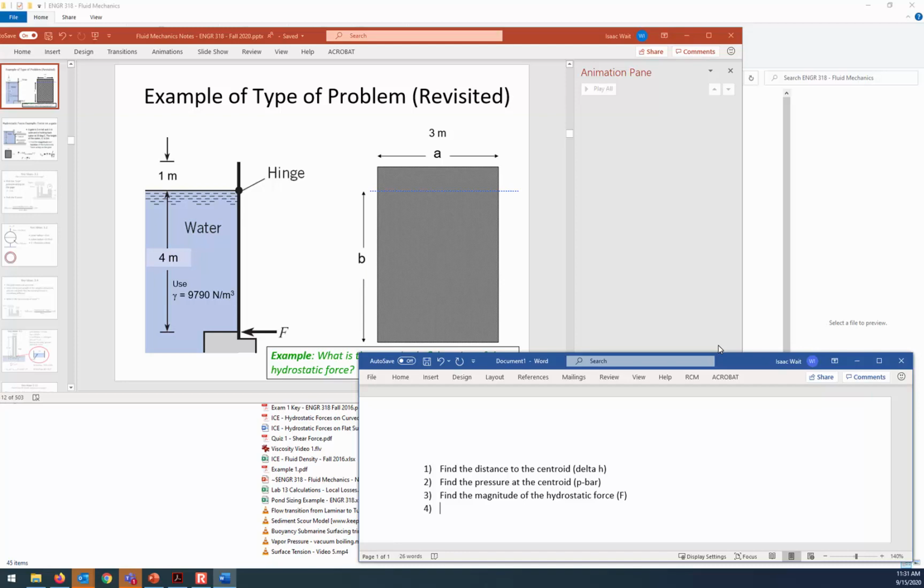And 4, find the location of the hydrostatic force. And by that, what we mean is YCP.